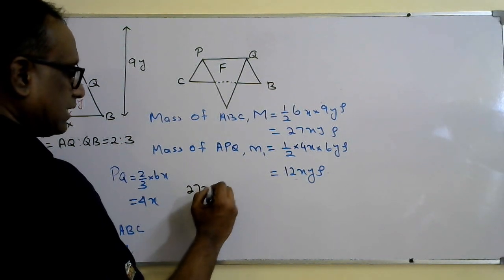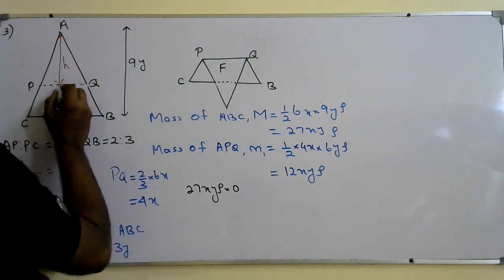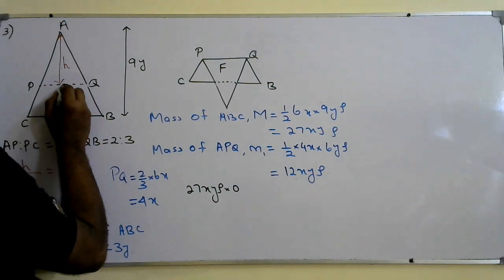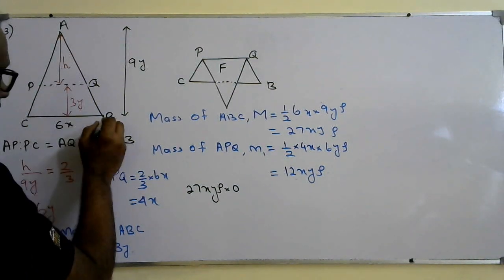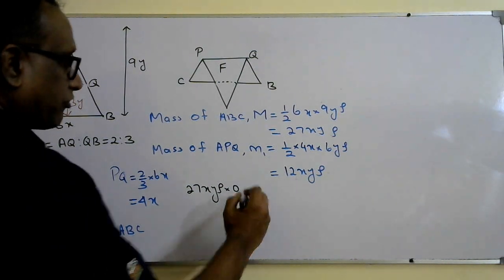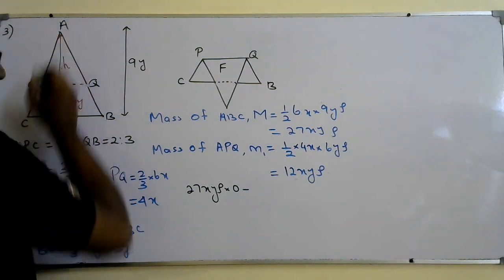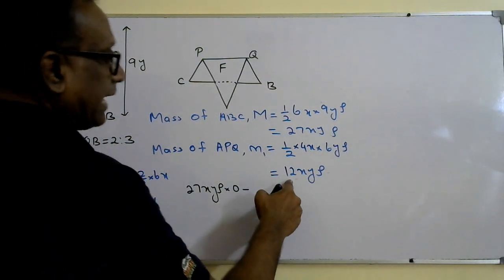27 xy rho into 0, because we are going to measure all the centers of mass from PQ. The question says from PQ. So the center of mass of this initial triangle is on PQ, so the distance is 0. From that, this triangle is removed. Its mass is 12 xy rho.